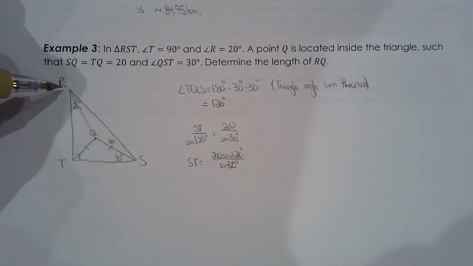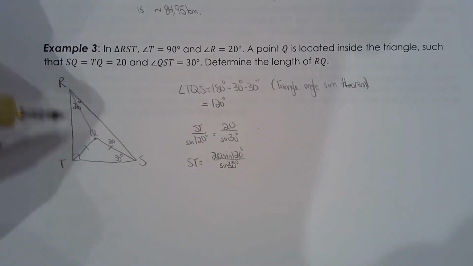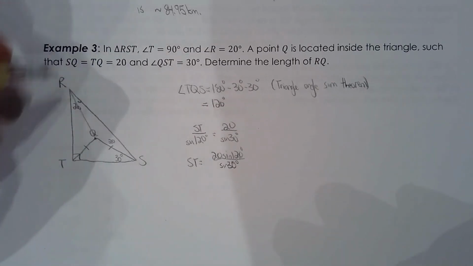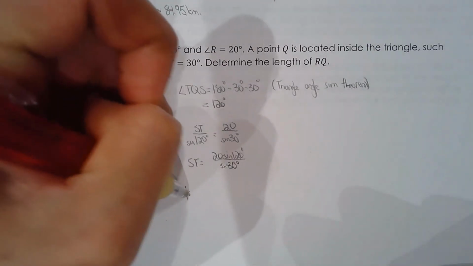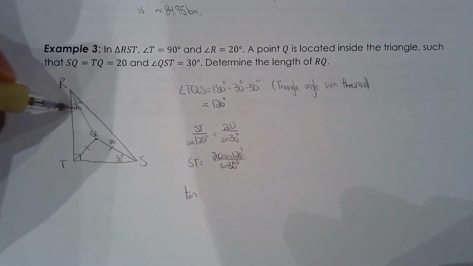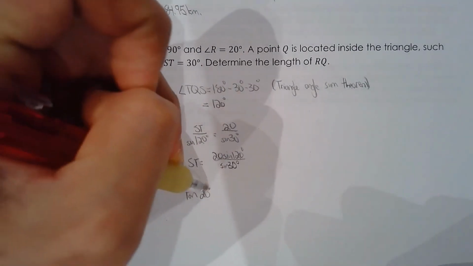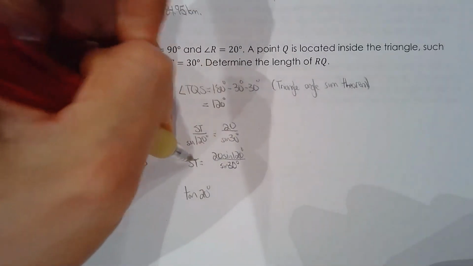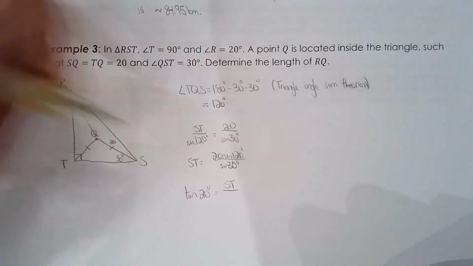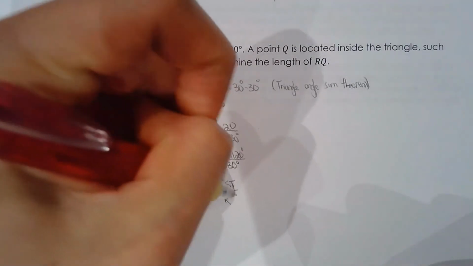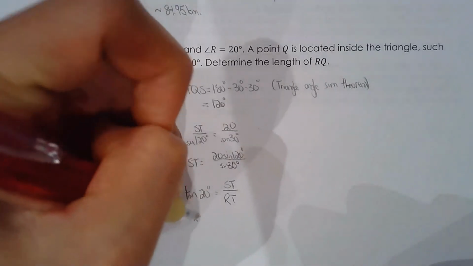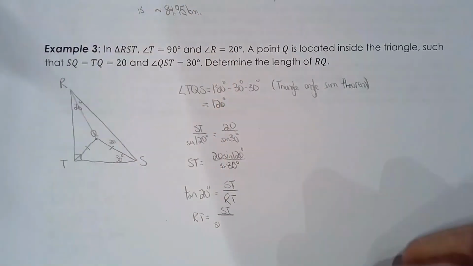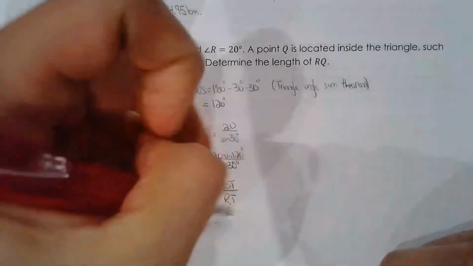The goal is to solve for RQ, but to get there, I'm going to solve for RT first. So tan of 20 degrees, opposite over adjacent, is ST over RT. I want to isolate RT, so RT equals ST over tan 20 degrees.